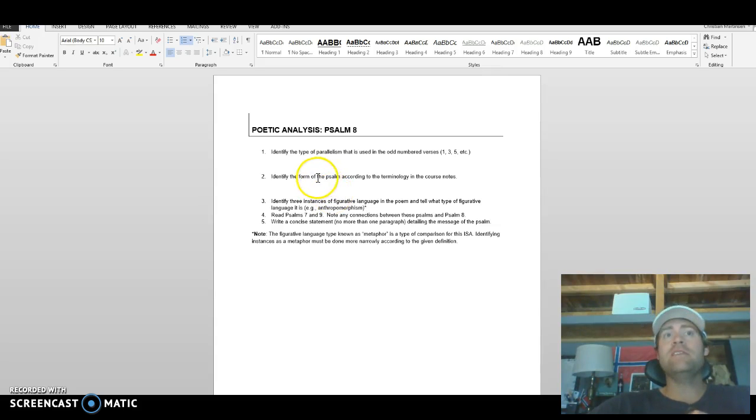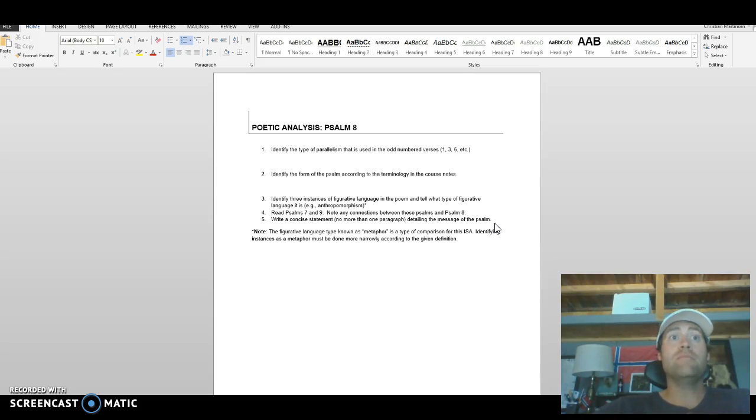It doesn't mean that that's the message, it just means that the form of the psalm should tie in to the message. So if it's a psalm of praise, you don't have to say praise in the message of the psalm, but if you have nothing that ties into the concept of praise in the message, you might need to adjust how you are communicating the message of the psalm, because the form of the psalm is meant for a specific purpose.